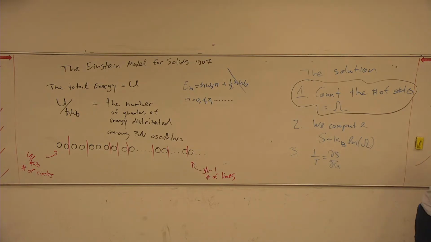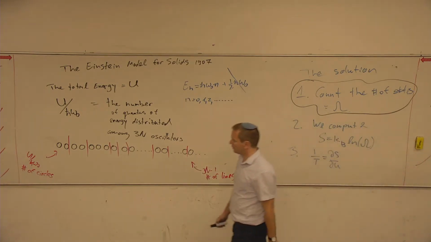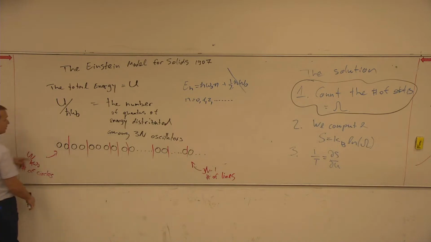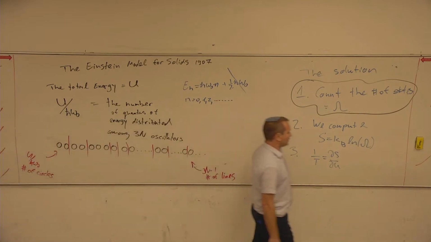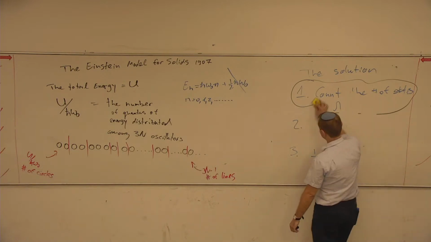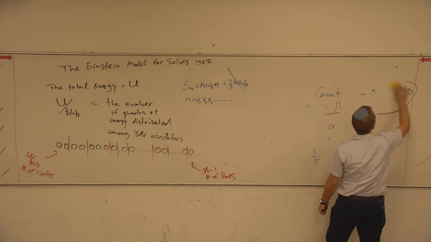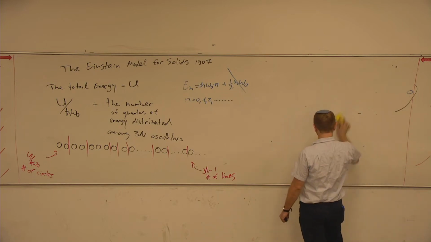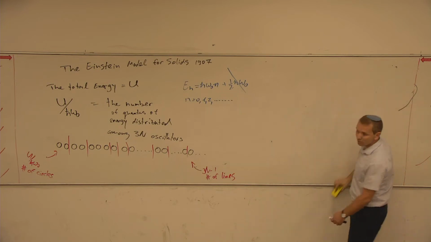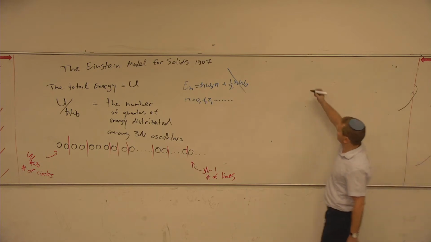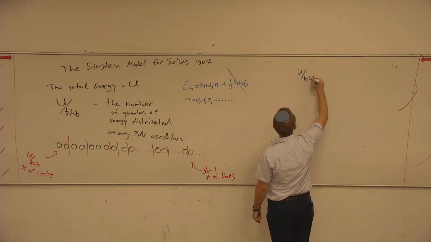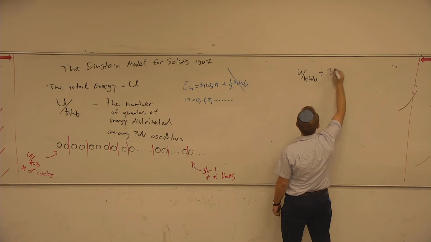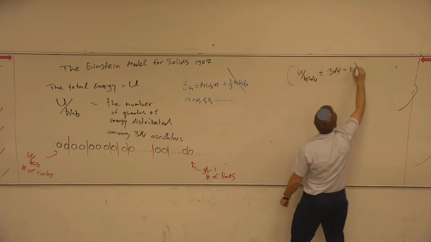How many objects in total do I have? The total number of objects is U divided by ħω0 plus 3N minus 1. In how many ways can I recombine all those different objects? U over ħω0 plus 3N minus 1, factorial.